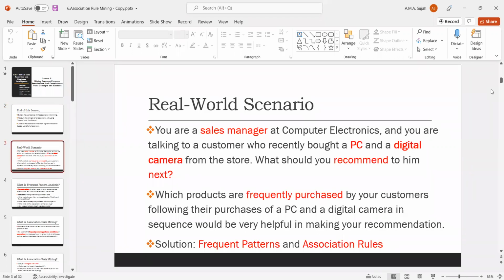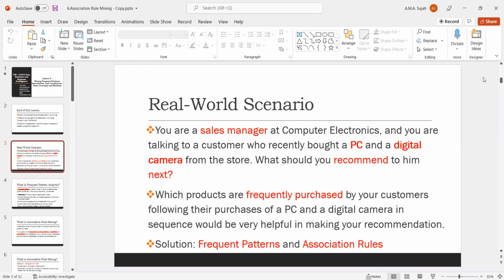Before moving to the theory part, let's think about real-world scenarios where we can apply it. Just think you are working in a computer shop, not a small shop, a big shop.